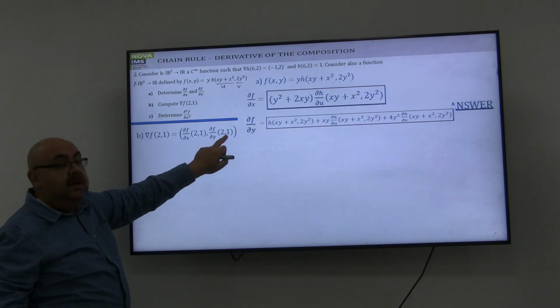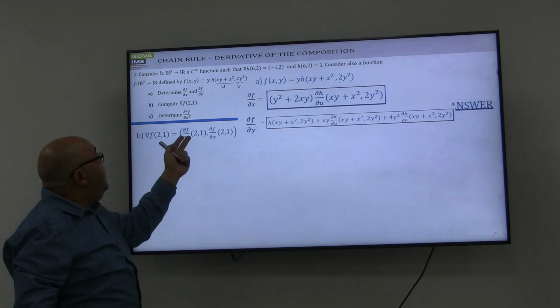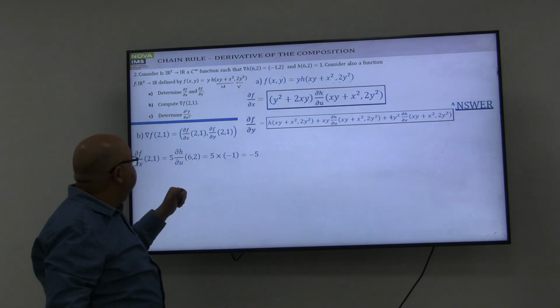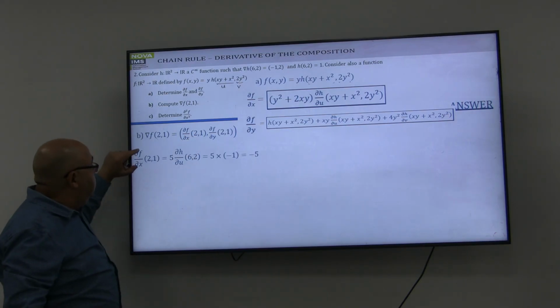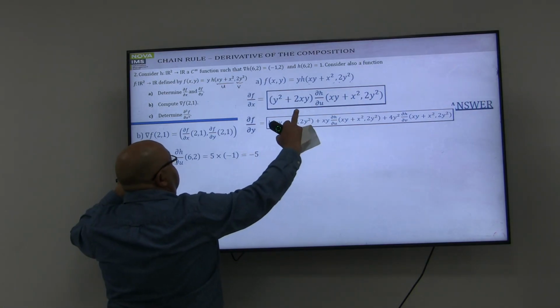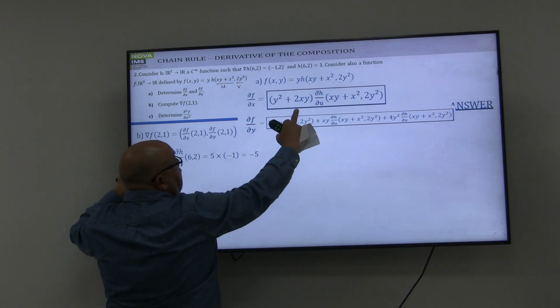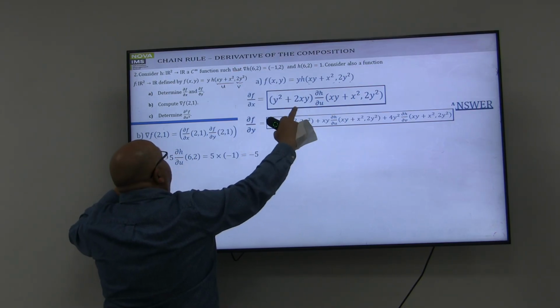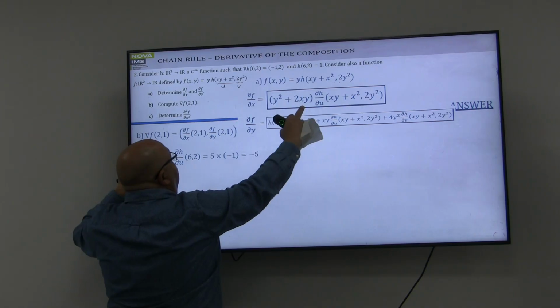Okay, are you with me? Okay, very good. So the values of 2 and 1, remark, if I'm getting partial f, partial x at 2 and 1, I will start substituting in this partial derivative. Remark that each x is 2 and each y is 1.